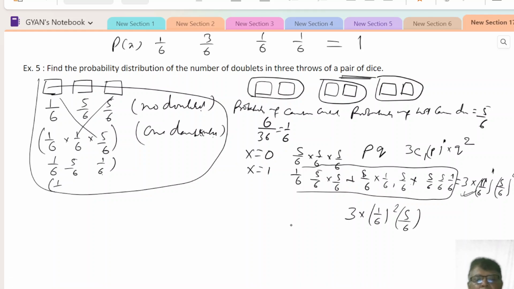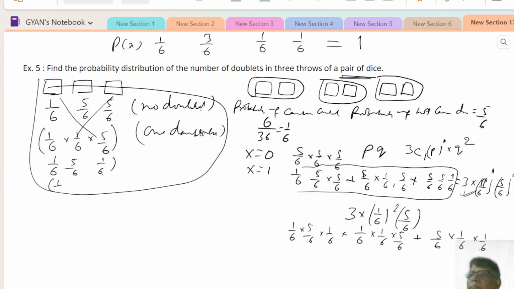Or you can simply calculate two doublets by this method also: 1 by 6 into 1 by 6 into 5 by 6, plus 1 by 6 into 5 by 6 into 1 by 6, plus 5 by 6 into 1 by 6 into 1 by 6. So that also you can find out.